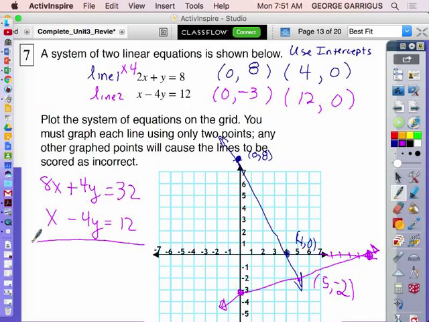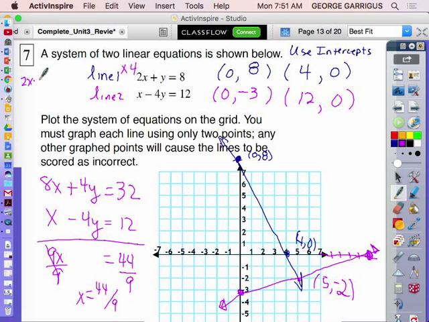If I add these together, I get 9x equals 44. So I'm seeing, wow, solving by graphing was not possible, because I get x equals 44 over 9.